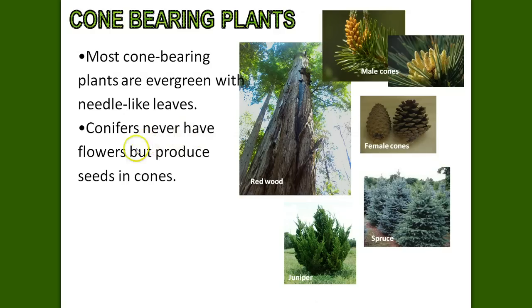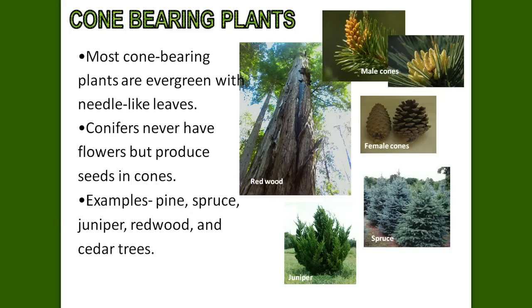Conifers never have flowers, but they produce their seeds in cones, like this. Examples of those conifers are pine trees, spruce trees, juniper trees, redwood trees, and cedar trees. You need to list a couple of these because they'll come up later.